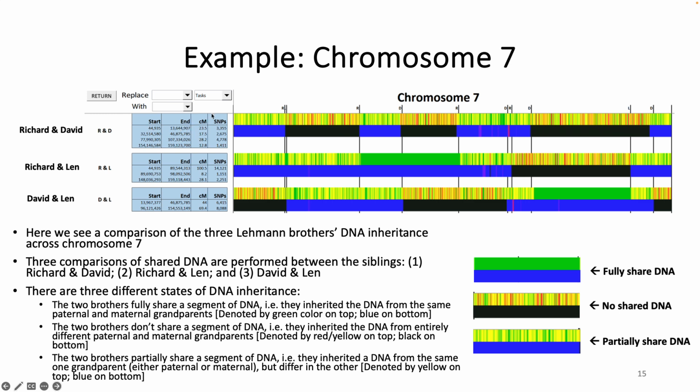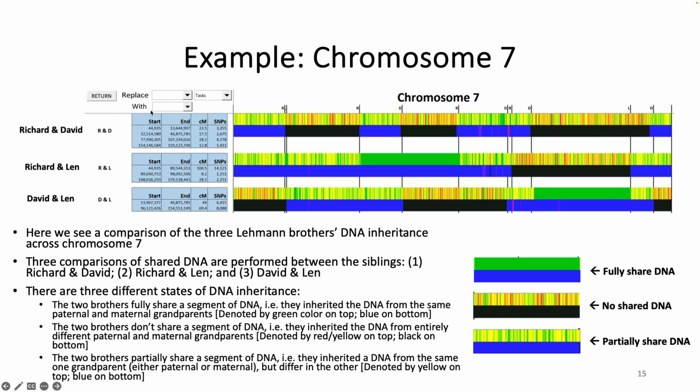We see the length of the shared DNA segment denoted in centimorgans, and obviously these are some pretty big segments because they are brothers. And this is also the shared number of SNPs, the shared mutations in a row that correspond to this shared segment of DNA.